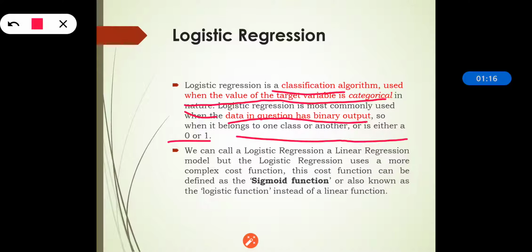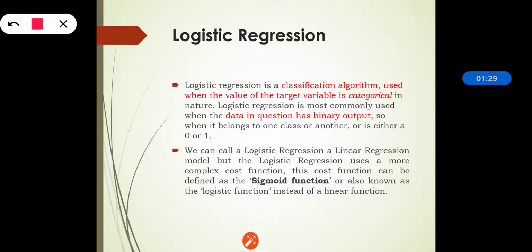So logistic regression is the classification algorithm which is used for predicting discrete values where the data is in binary format. We can call logistic regression a linear regression model, but logistic regression uses a more complex cost function. As it is dealing with discrete values, it uses a complex function.